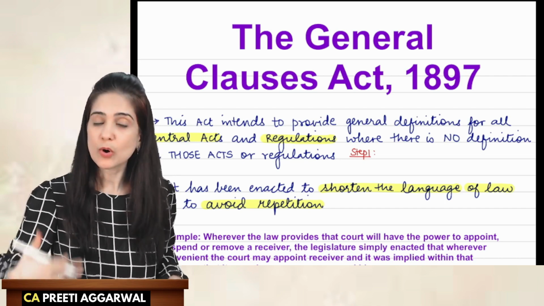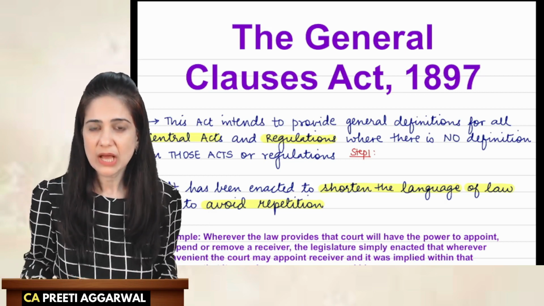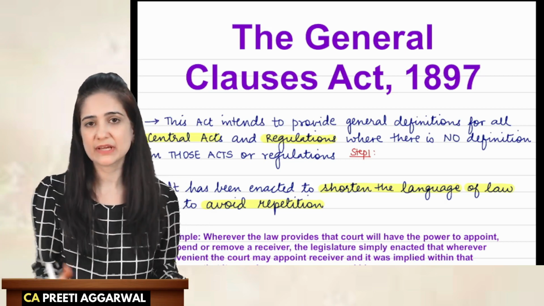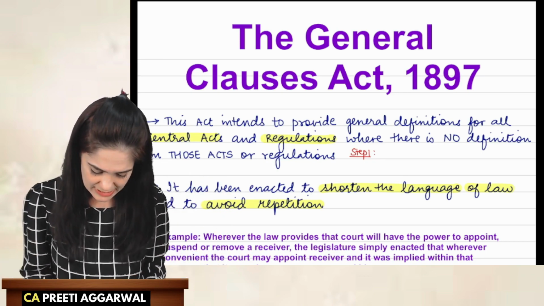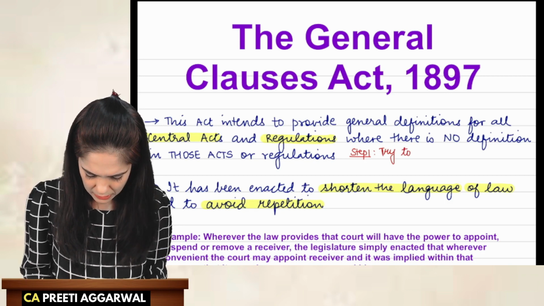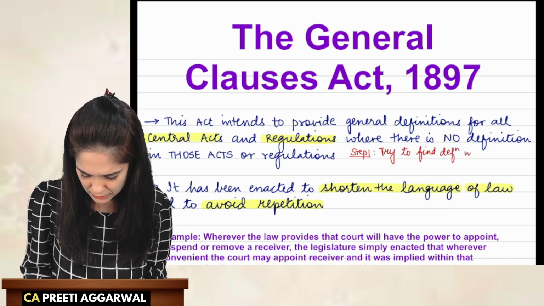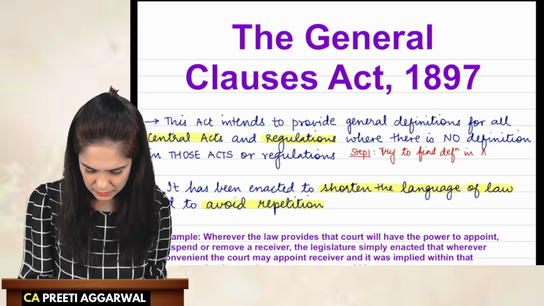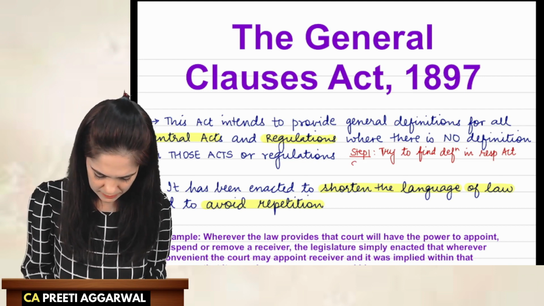That is why I'm taking all this effort of making handwritten notes, repeating the points, and making you write those same things again and again so that it is memorized in the class itself. You don't have to put in extra effort later. Step 1, try to find definition in respective act.